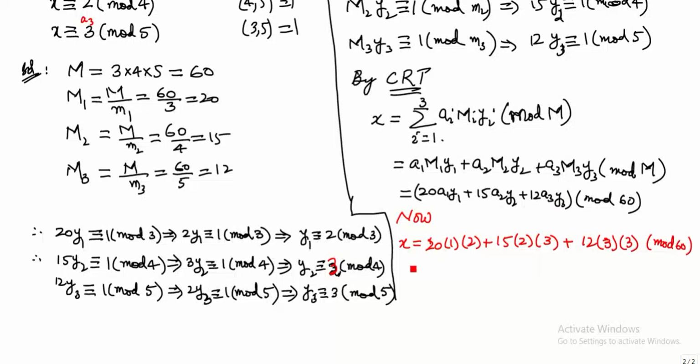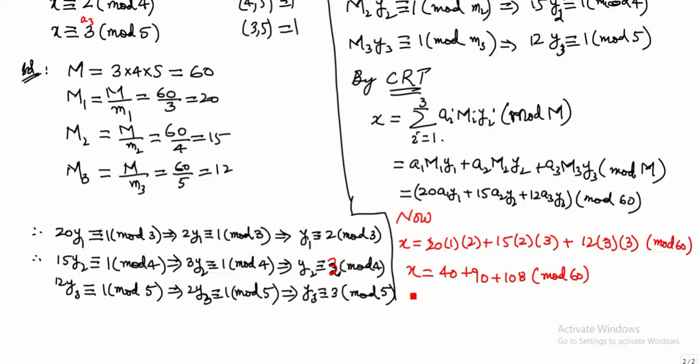So x is 2 times 20, which is 40. 15 times 2 is 30. So 40 plus 90. Okay, 15 times 30, 30 times 3, 90. 12 times 3 times 3, 9. 12 times 9 is 108. So this is 108 modulo 60.